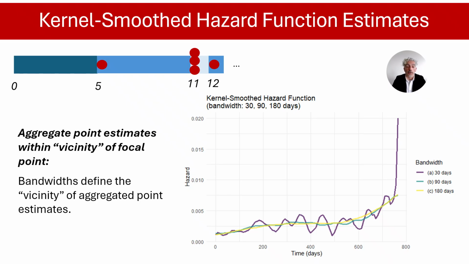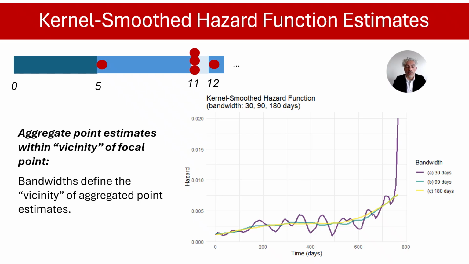In other words, they provide an approximate value based on estimates that are near the focal point of interest. But as you can imagine, the shape of these smoothed estimates depends on what we define as the vicinity of the focal point of interest.